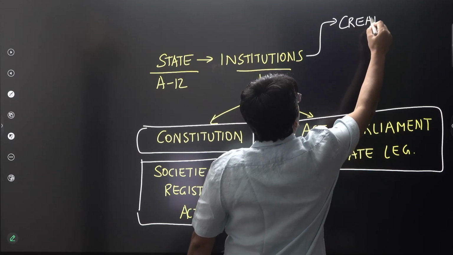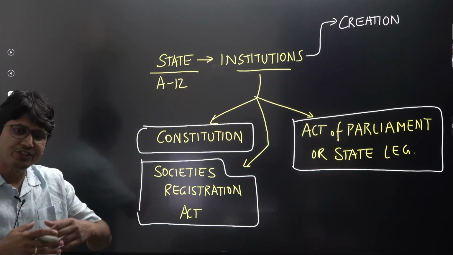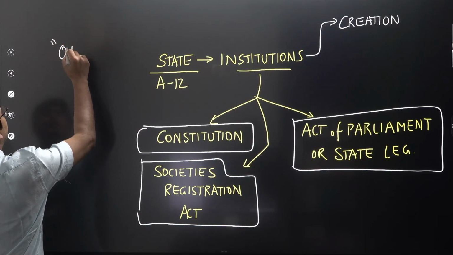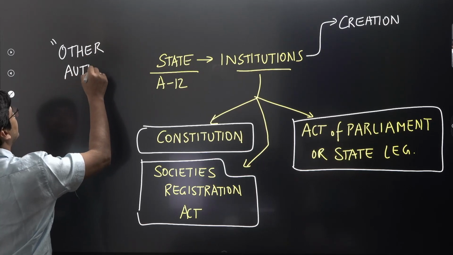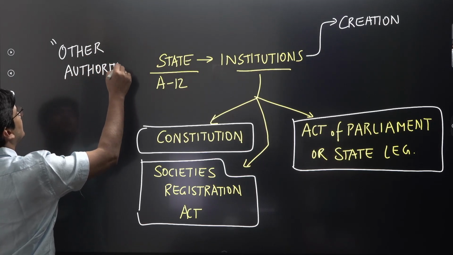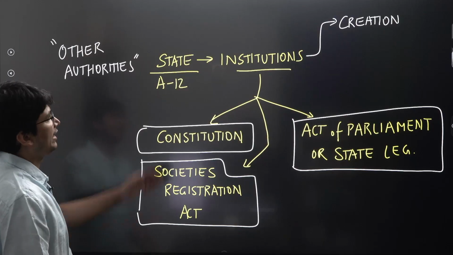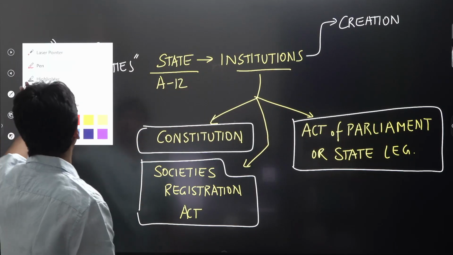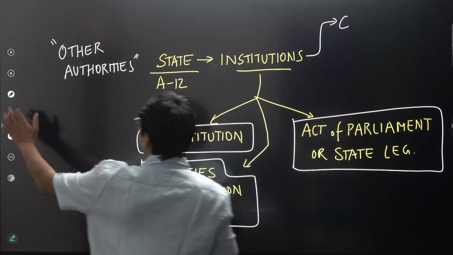So based on creation, we try to find out how can we say which are other authorities under Article 12, which can be categorized as other authorities under Article 12. So the first criteria is what? Based on creation or based on their constitution. Constitution would be the correct word. How are they constituted?